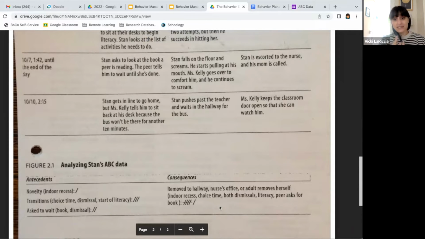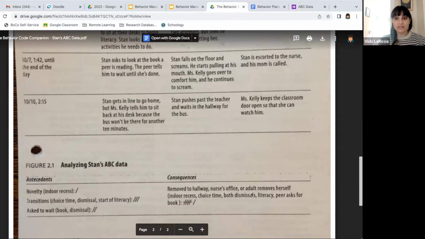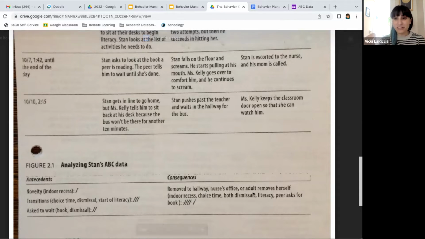But the consequences, all 6 data points involve some sort of removal from something. So removed to hallway, to the nurse's office, or the adult removes herself from Stan. And this all happens during recess, choice time, dismissal, literacy, and the peer asking for the book.